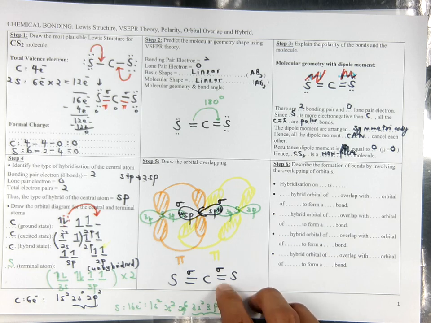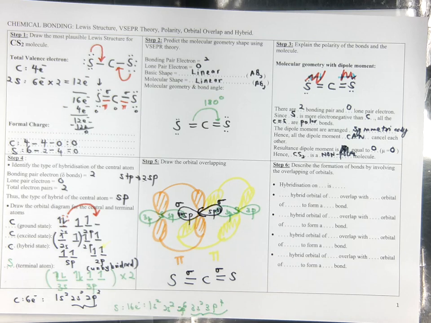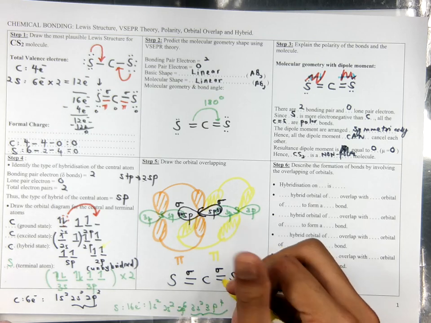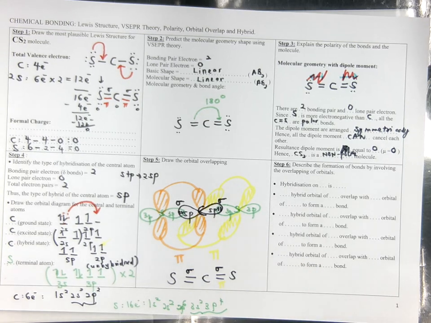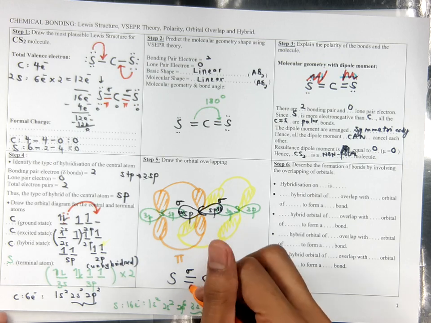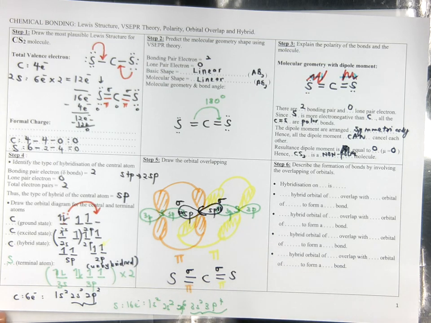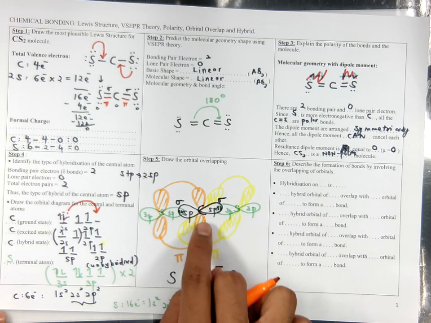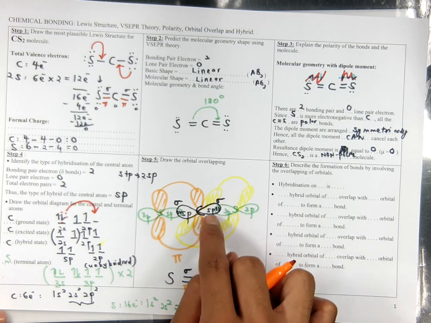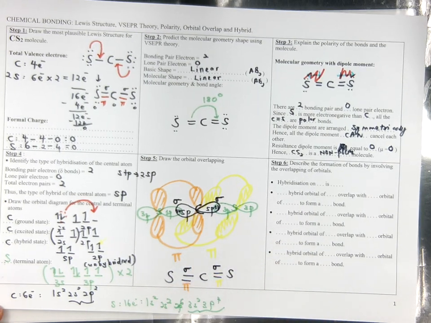The other bonds that they are making are pi bonds, where on the right hand side it is labeled with a yellow color, and on the left hand side it is labeled with orange color. So it is consistent with my shape. So there are 1, 2, 3, 4 bonding regions at the central atom.